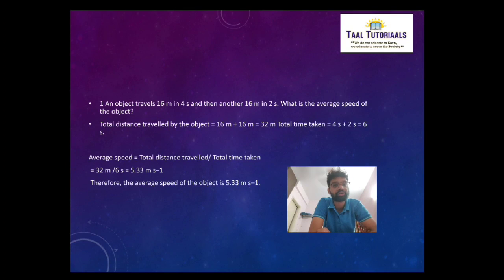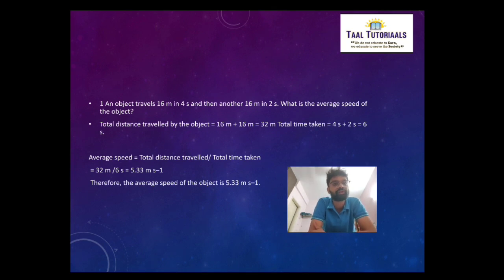First question is, what is the average speed of the object. Total distance traveled by the object is 16 meter plus 16 meter, that is 32 meter, and the total time, first it took 4 seconds, and in the other instance it took 2 seconds.